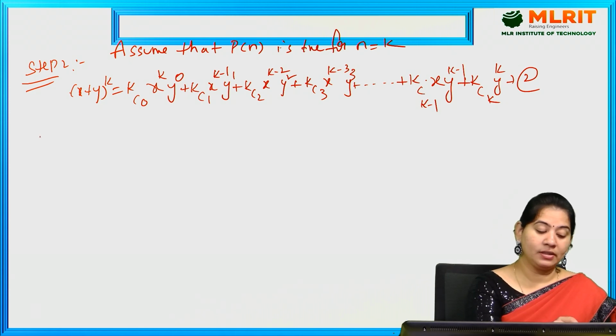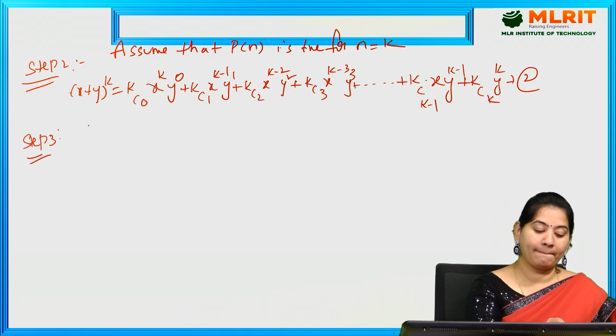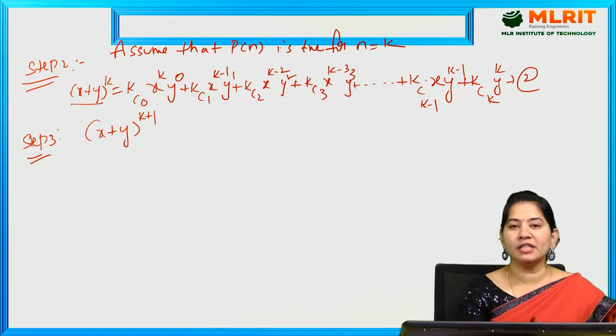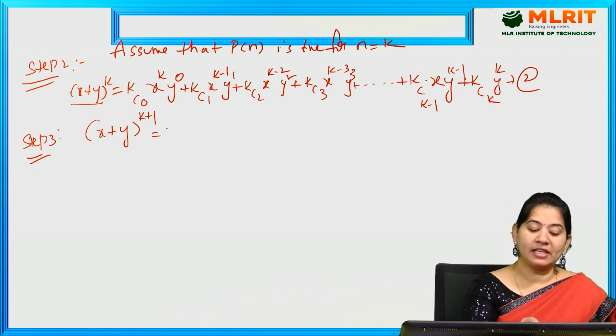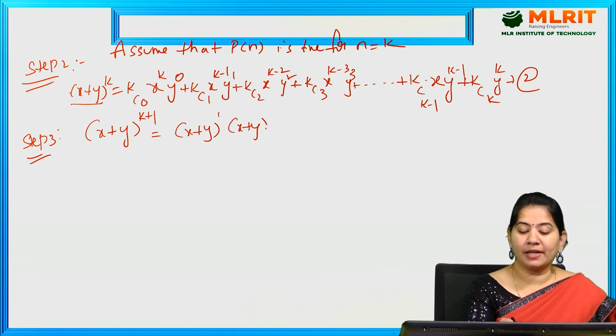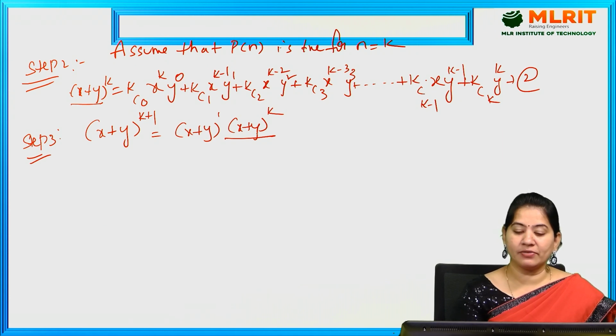Now after this, step 3 here is (x plus y) whole power k plus 1. If step 2 is (x plus y) whole power k, then (x plus y) power k plus 1 is nothing but substituting n equal to k plus 1. So you write (x plus y) whole power k plus 1 as (x plus y) whole power 1 into (x plus y) whole power k. Now substitute equation 2 in place of (x plus y) whole power k.